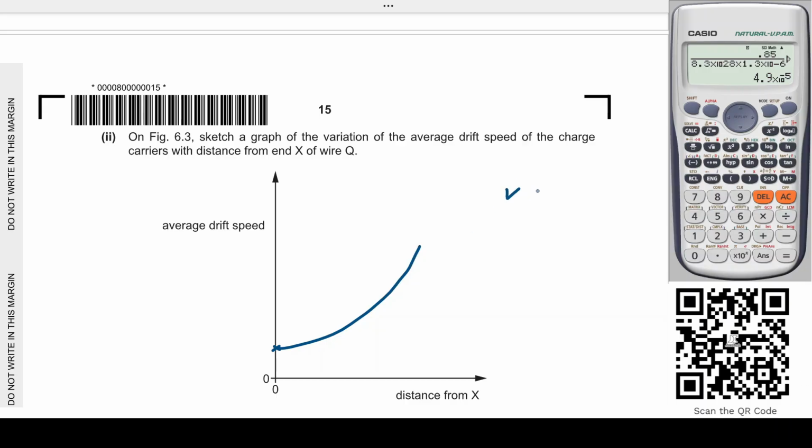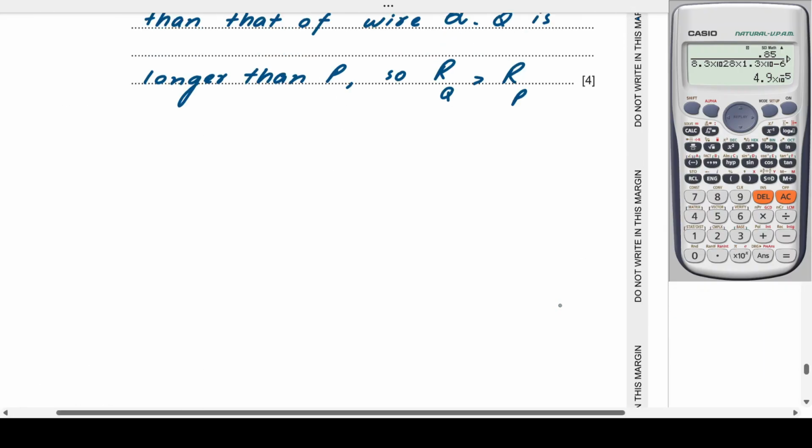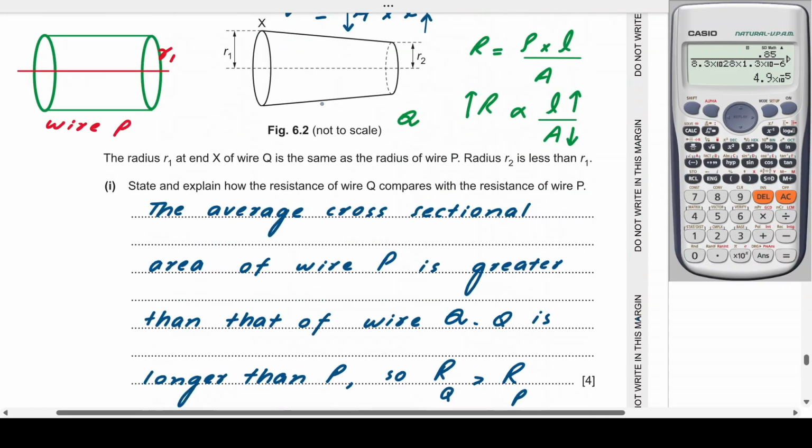My bad, drift speed is inversely proportional to the square of radius. So as you move from end X towards the end Y, the radius decreases, hence the drift speed would increase.